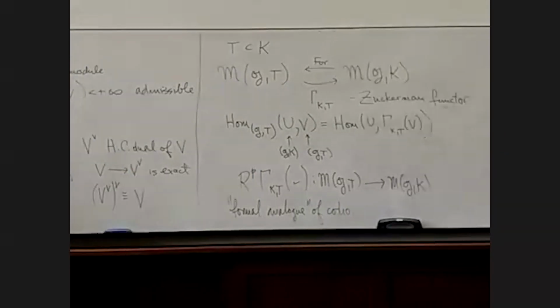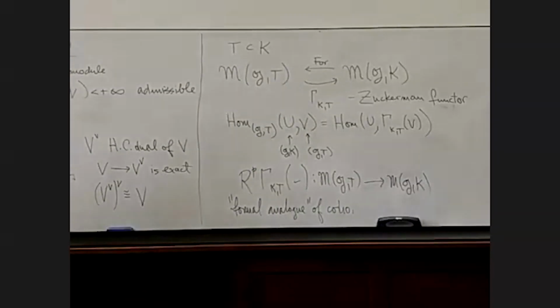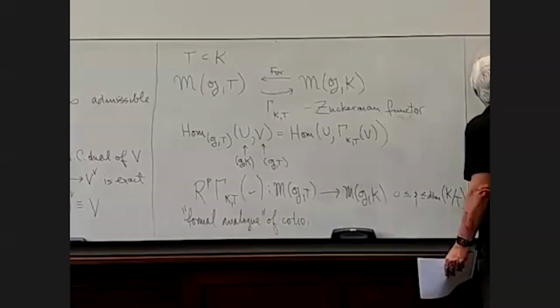And the cohomological dimension of this functor is finite, so it lives between 0 and the right functor.